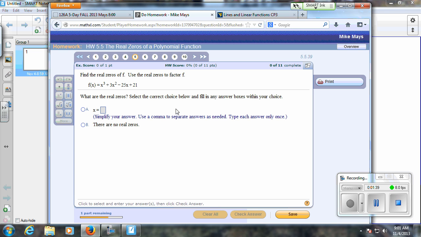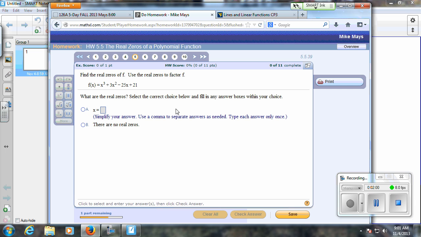So I'm supposed to try to find real zeros and use the real zeros to factor f. And to find real zeros, they don't give me any clues that I could look at. So I'm going to have to see what luck I have to generate them.